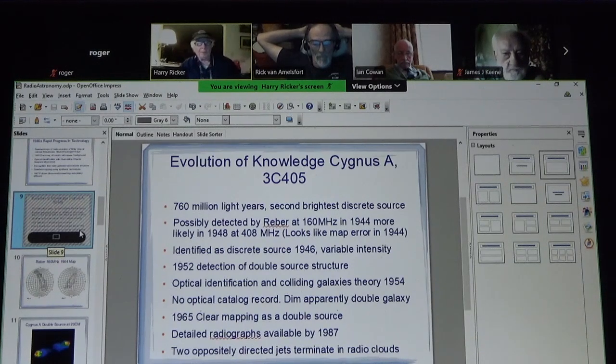One of the things that's curious was that when they tried to identify what this source of radio noise is, there's nothing there. It's in a place in the sky where there's nothing to be the source of it.